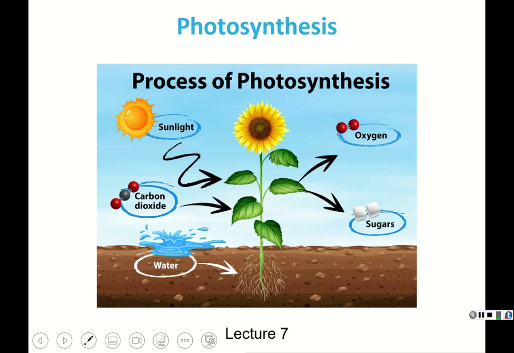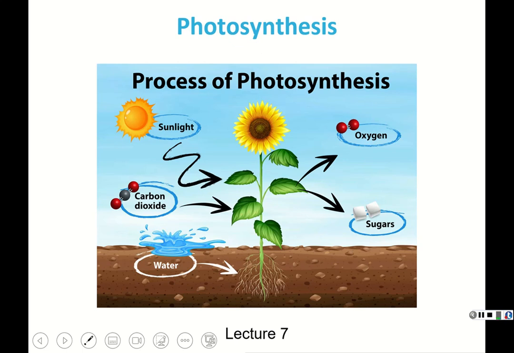Okay, and that's what we're dependent on this planet, is the oxygen that they produce and the sugars that they produce. Right? And you can really think of this as all biological energy, for the most part, at least for animals, comes from the sunlight in plants being able to produce oxygen and sugars.